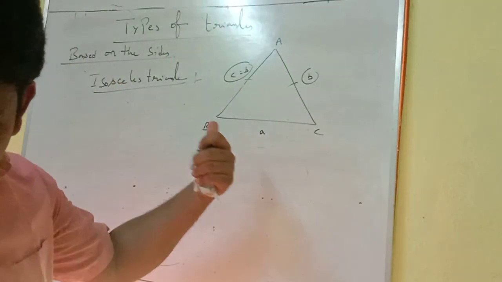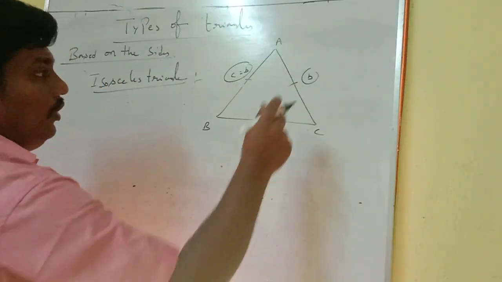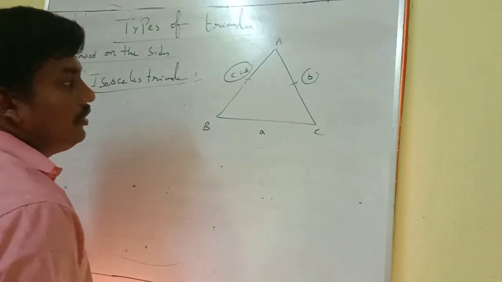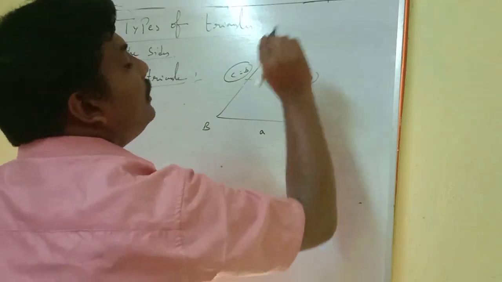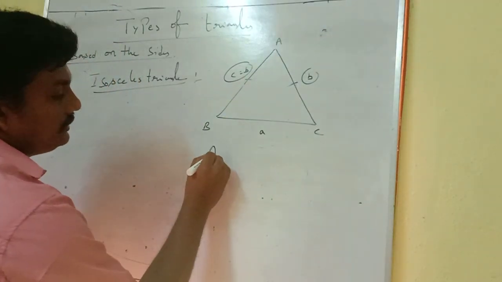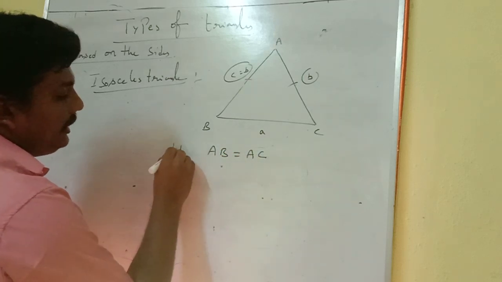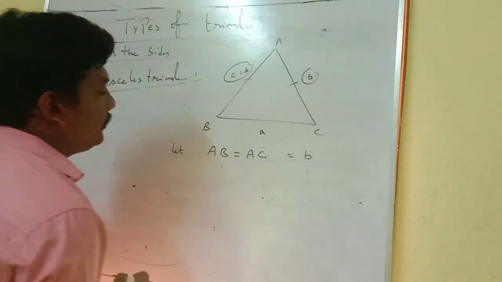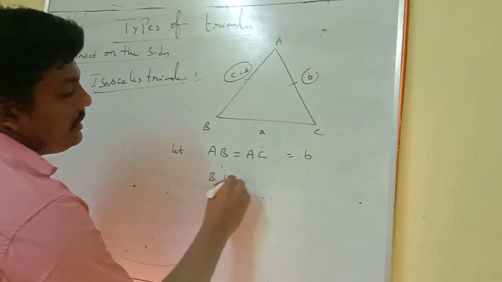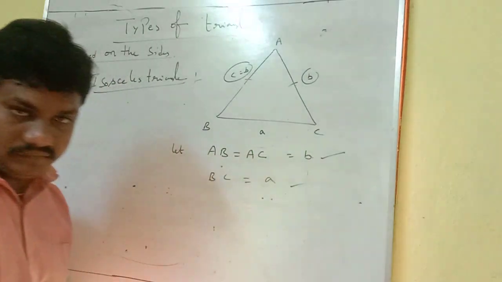Understood? So two sides are equal, AB equals AC, let us take that as small b, and BC equals small a. This is the unequal side and these are the equal sides.